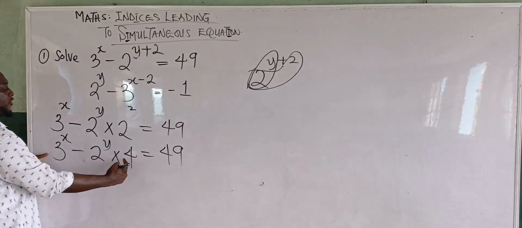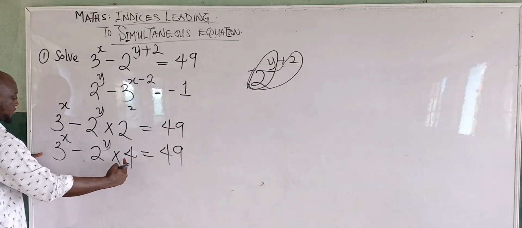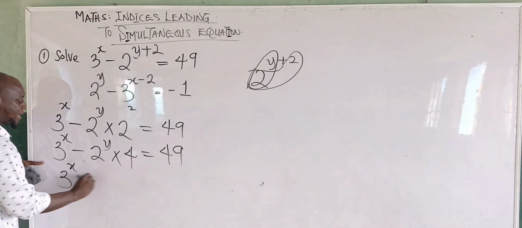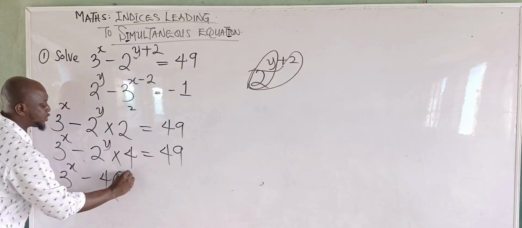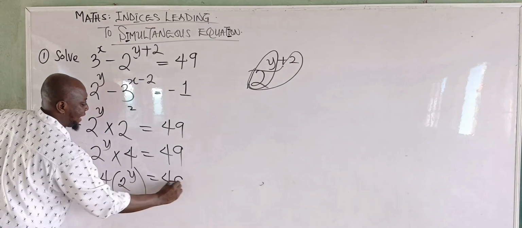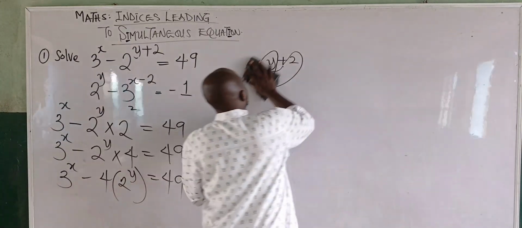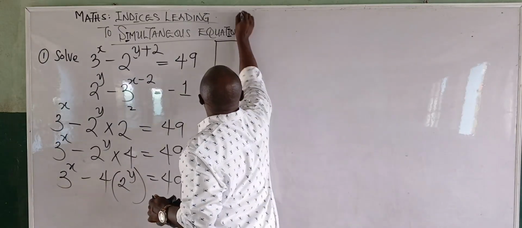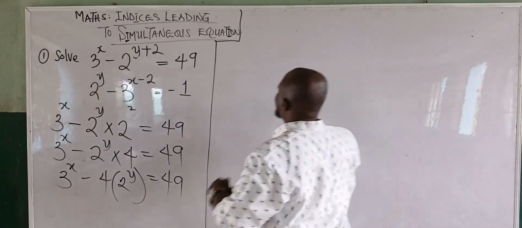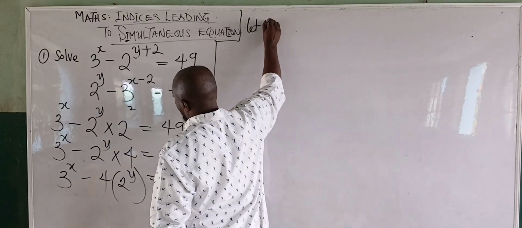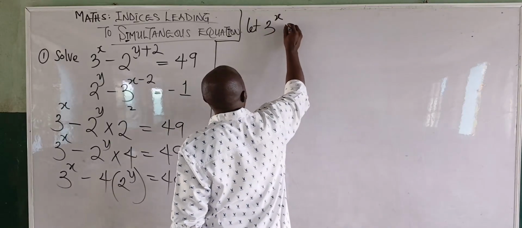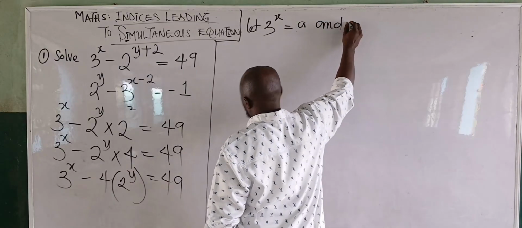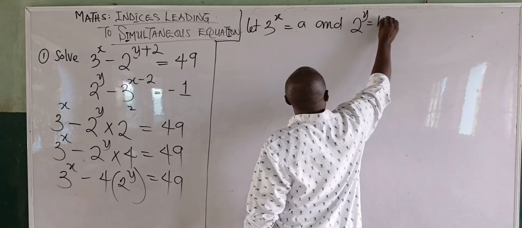So what do we know here now? If I go further and take this value like this, I will have it as 3^x minus 4 into bracket 2^y equals 49. So from this point, what do I do? We can say let 3^x be equal to a and 2^y be equal to b.